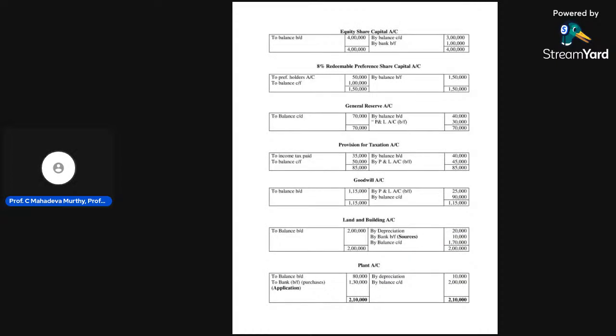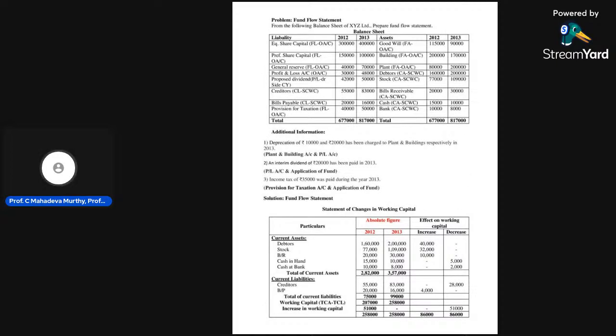Yes, equity share capital, that is on the left hand side. Therefore by balance carried down 3 lakhs, by bank, then balance carried down, balance brought down 4 lakhs. Where is that 4 lakhs from? See here, 2012 equity share capital is 3 lakh, 2013 it increased to 4 lakhs.